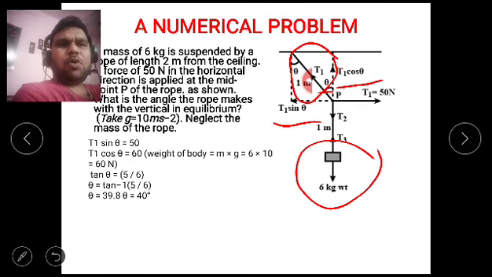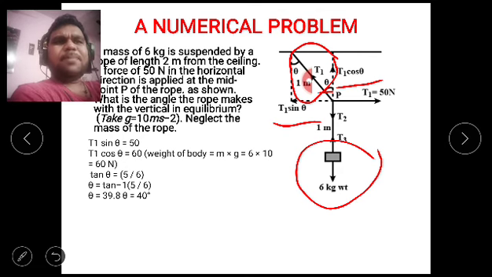Now we will apply the principle of equilibrium. So Fx has to be 0 and Fy will be equal to 0. We are considering point P, and we know that point P is in equilibrium. So the horizontal component will be equal to 0 and the vertical component will also be equal to 0. T1 sin theta will be equal to 50 Newton, as we are applying a force of 50 Newton as given in the diagram.